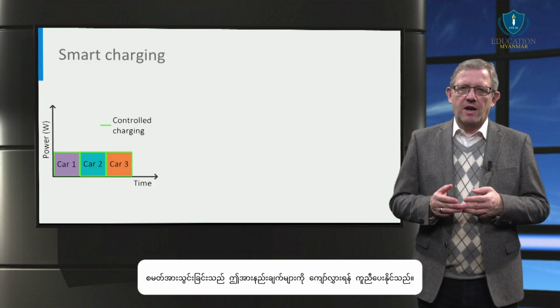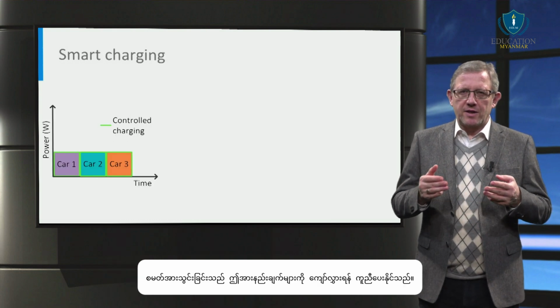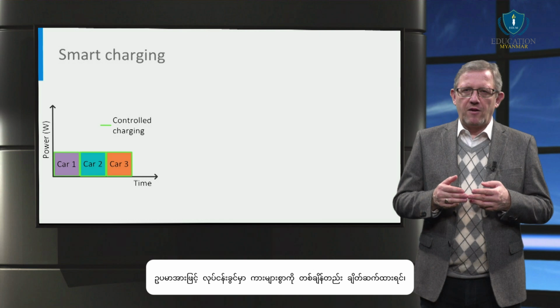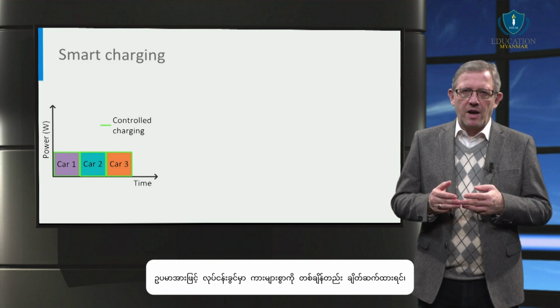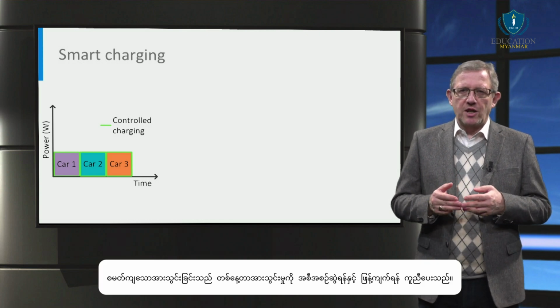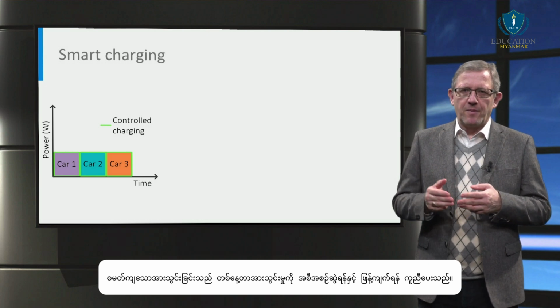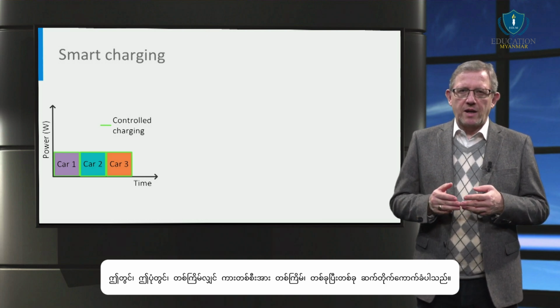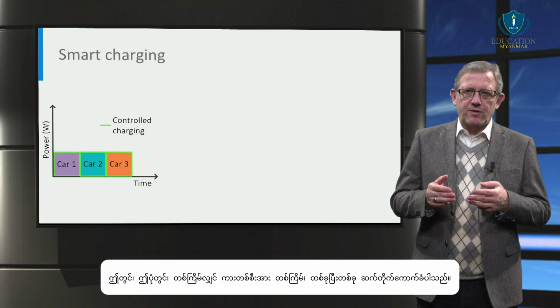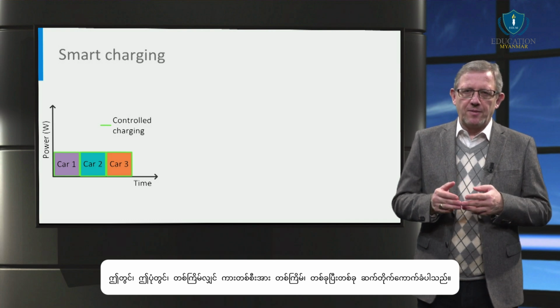Smart charging can help overcome these disadvantages. For example, if many cars are connected at the same time at a workplace, smart charging can help to plan and spread the charging power over the day. Here in this figure, one car is charged at a time, one after the other, sequentially.